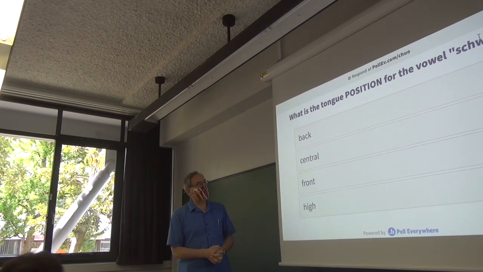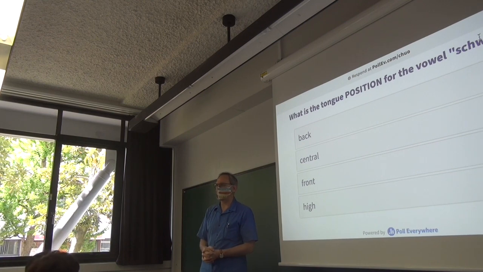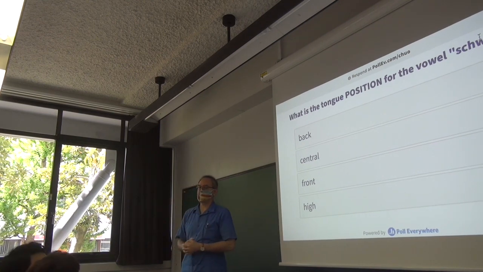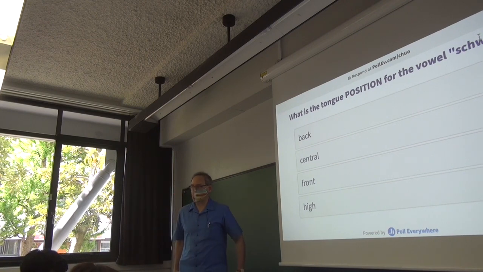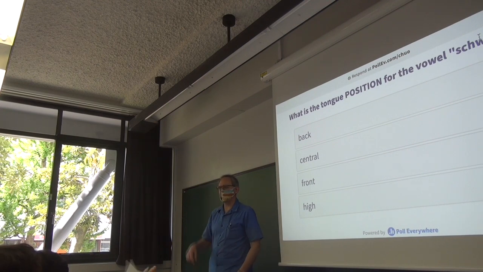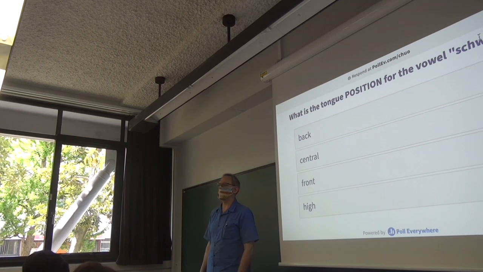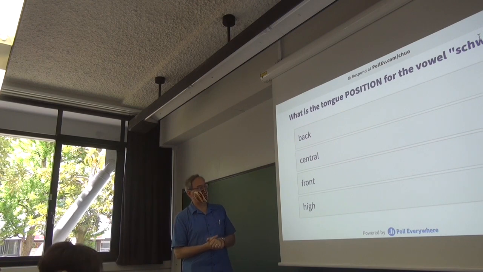The first one asks about the tongue position. We studied last week tongue height and tongue position. So the first question is, what is the tongue position for the vowel schwa? Schwa is the name of this upside down E sound, a very frequent pronunciation in spoken English, largely due to the effects of stress and unstressed vowels.